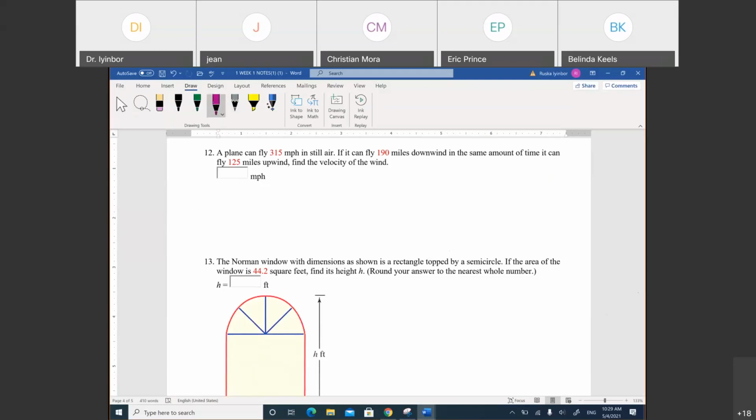So, you're going to see how many miles downwind, how many miles upwind, and you're just going to subtract those numbers. And that's going to be the speed of the wind. 65.